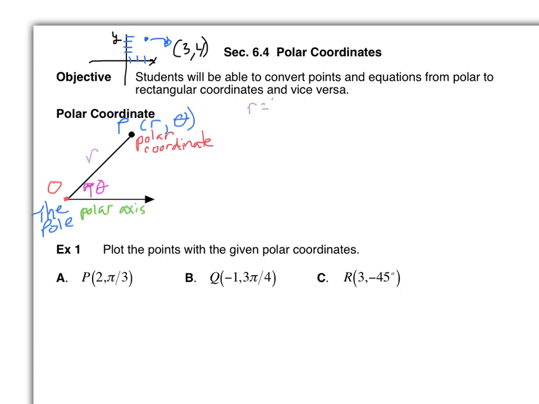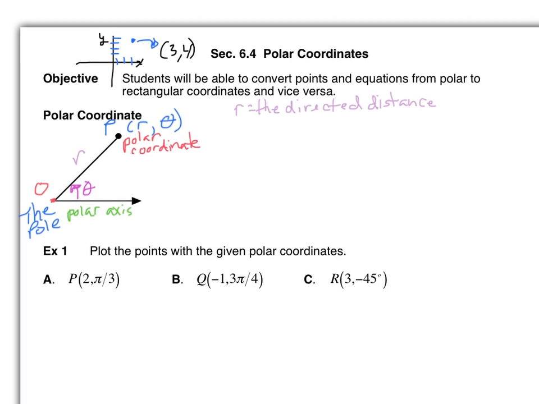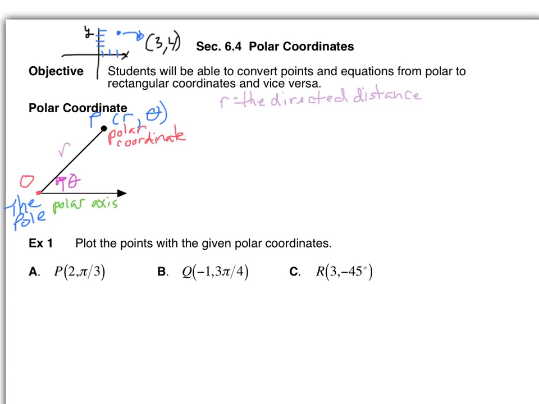So this is the directed distance from O to P, and of course the point P can change to any letter of the alphabet.